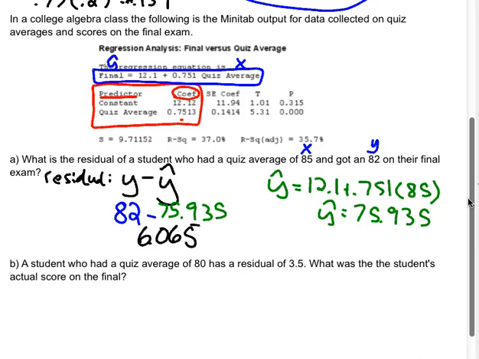And if I had asked you, I didn't, but if I asked you, what does that residual mean? Well, what it means is our line actually underpredicted that student's score. We predicted they'd get about 76. They actually got an 82. So we underpredicted the performance of this student.